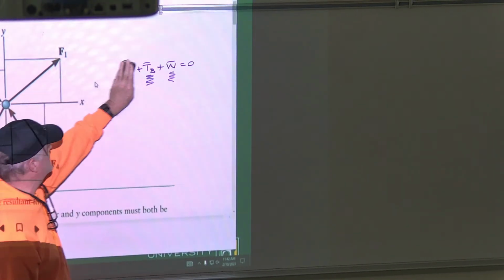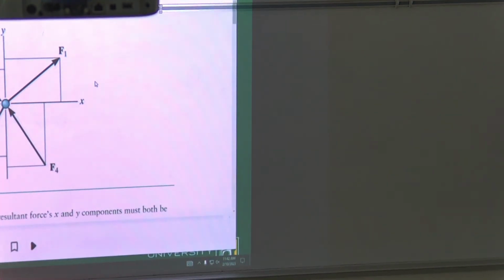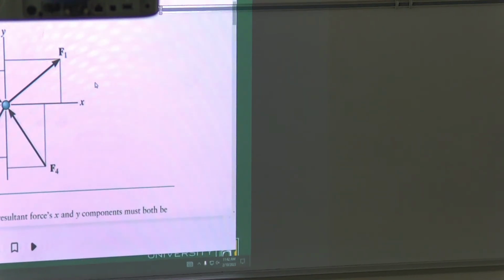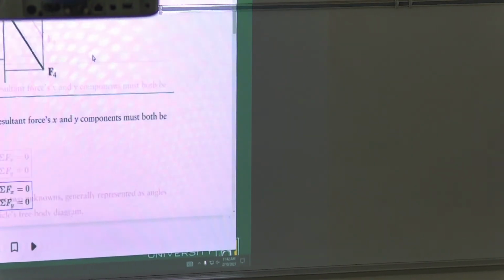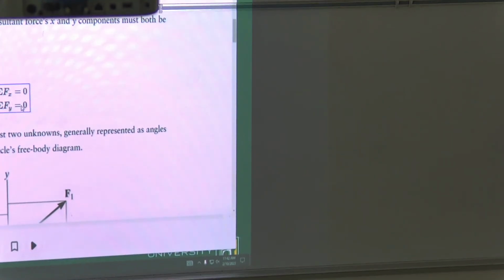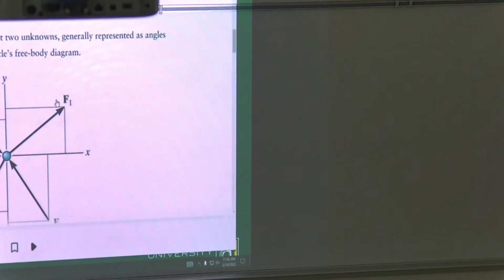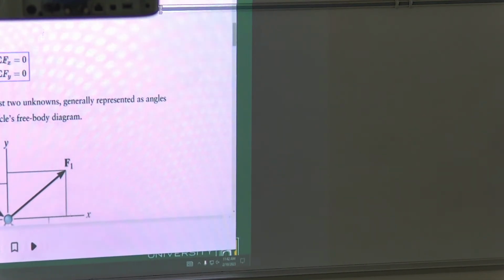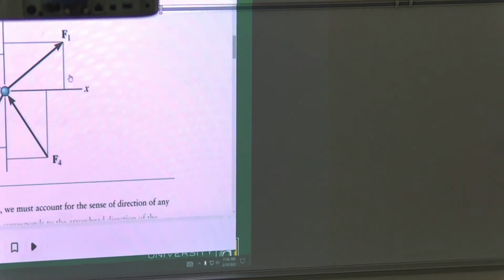So you can break these into components, and that's okay. Sometimes it's beneficial to do that because you can work your way through the problem quicker. And so you say sum of the force in the X, sum of the force in the Y equals 0. That, by the way, gives you two equations right there. And then there's the same picture, I think.